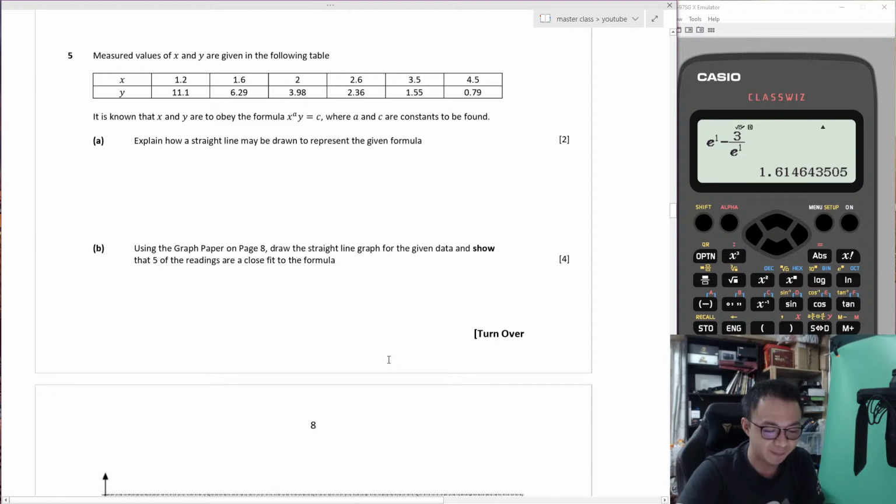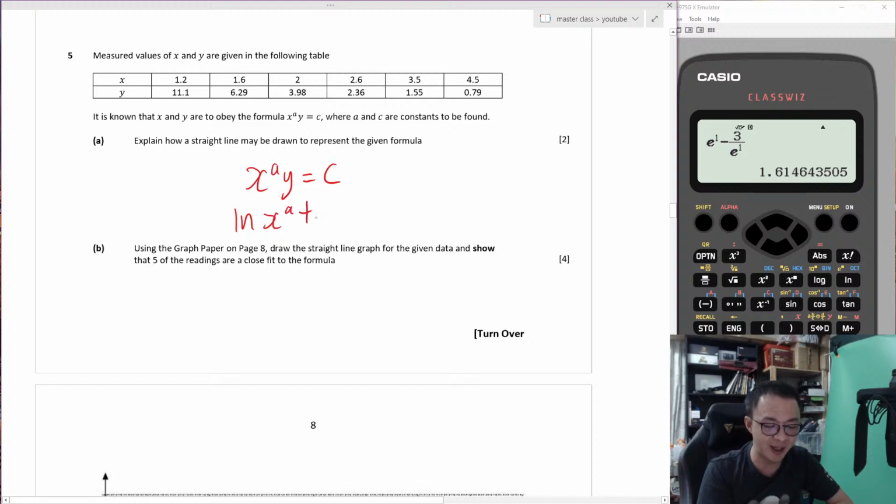Okay, number 5. I just can't imagine, I want to draw the graph now, but okay, let's do it. So first thing is to explain how a straight line may be drawn to represent the given formula. Depending on whether you prefer log or ln, it doesn't matter here. Maybe I use ln. Or if you prefer lg, you can use lg.